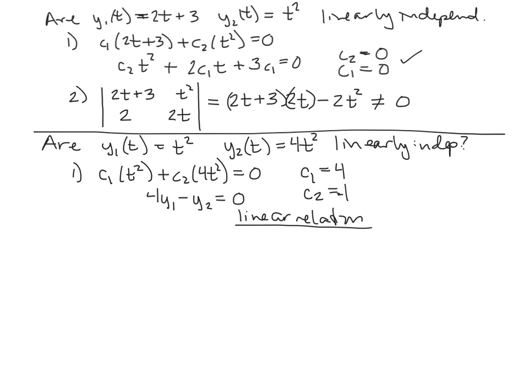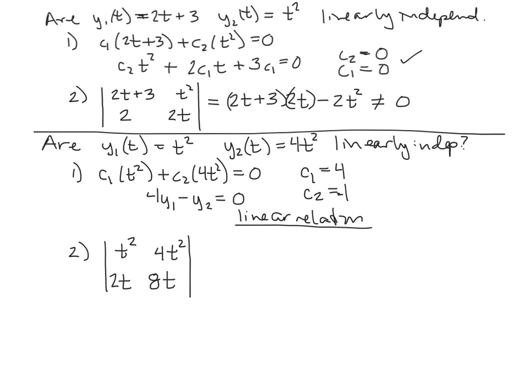So if we want to find a linear relation between them, that basically means find the constants that are not 0 that make it 0. As far as the Wronskian goes, we'd put t squared in the first column, 4t squared in the second column, and take the derivatives in the second row, 2t and 8t.